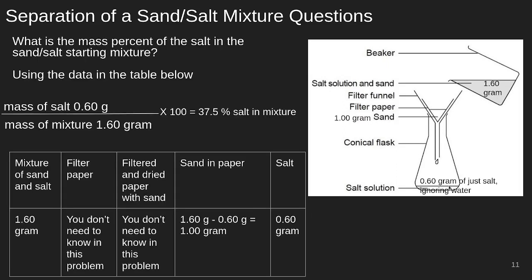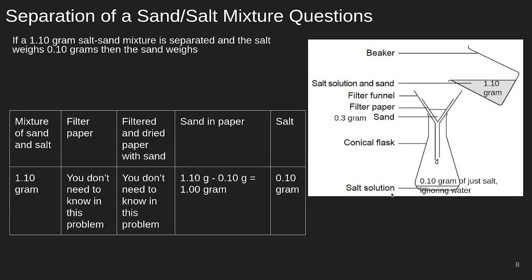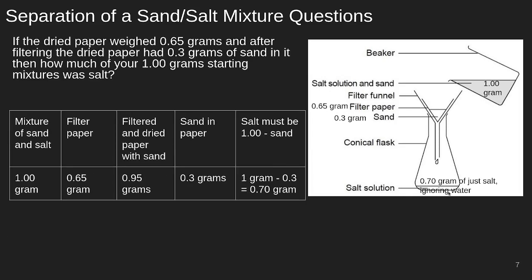One thing I did want to mention, when I was giving you the grams of just the salt, notice I am saying we're ignoring the water mass. That's an important thing that I wrote in an earlier problem, I think. Yeah, so we're ignoring the water in this case, where we're just saying 0.7 grams of just salt.